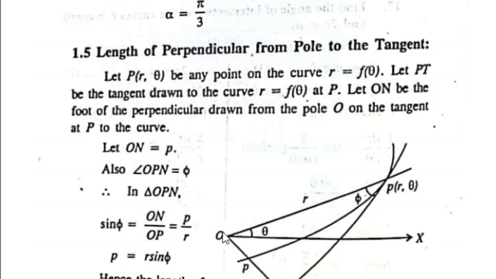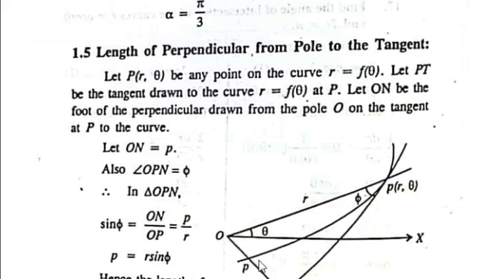So this line ON is known as the perpendicular from the pole onto the tangent. Here this is the tangent, and on this tangent we have drawn a line which is perpendicular to this tangent.